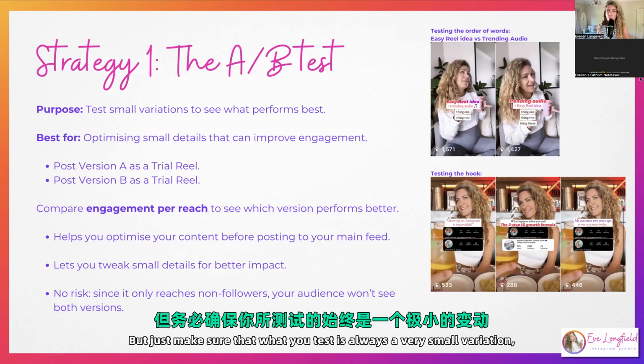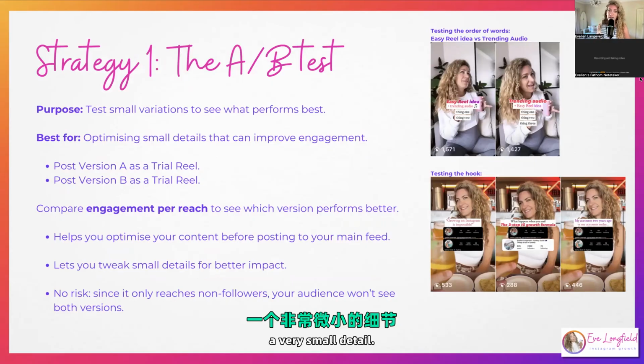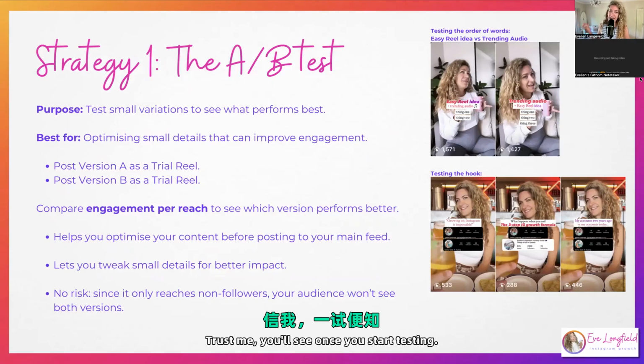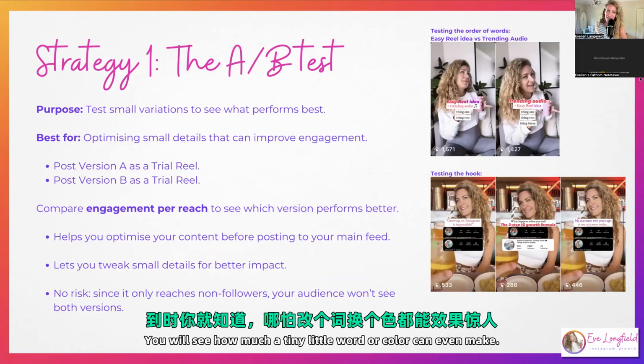But just make sure that what you test is always a very small variation, a very small detail. And you might think, okay, but how can a small detail really have big results? Trust me, once you start testing, you will see how much a tiny little word or color can make.